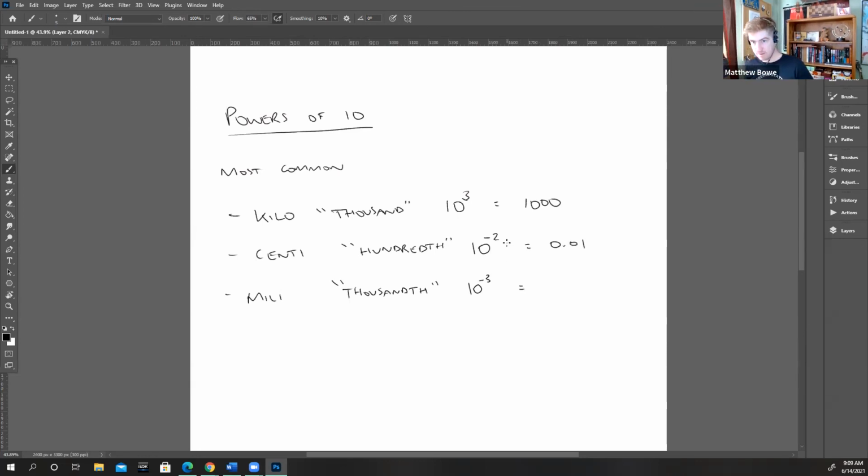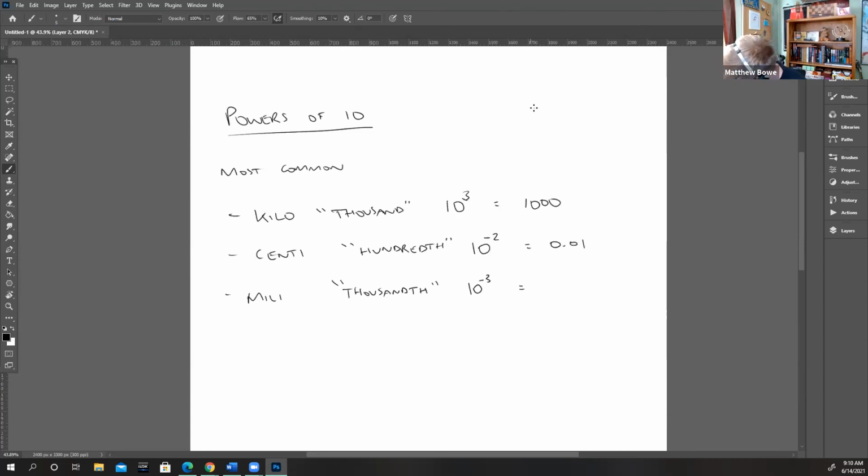And just like the centi before, this is something that's getting progressively smaller. So this means it's a smaller decimal point.